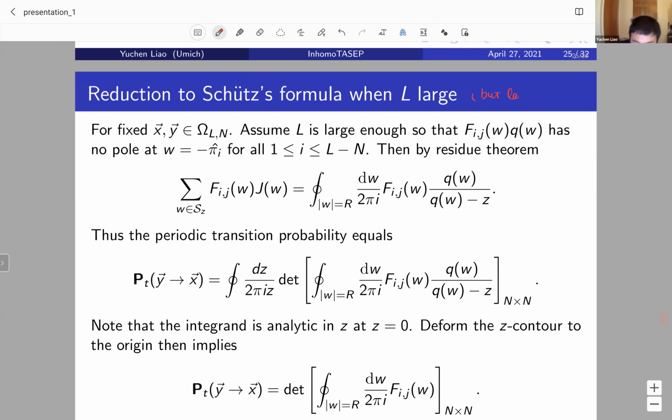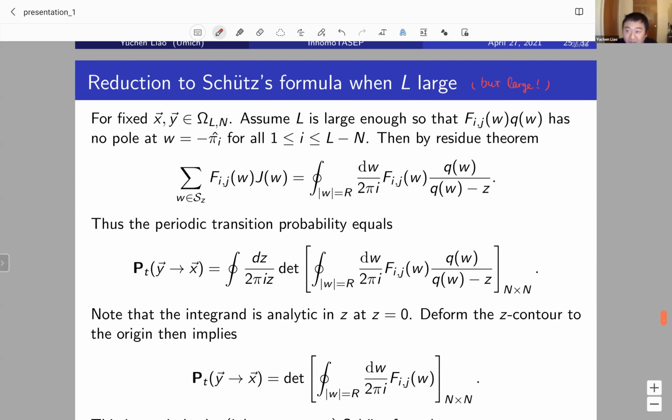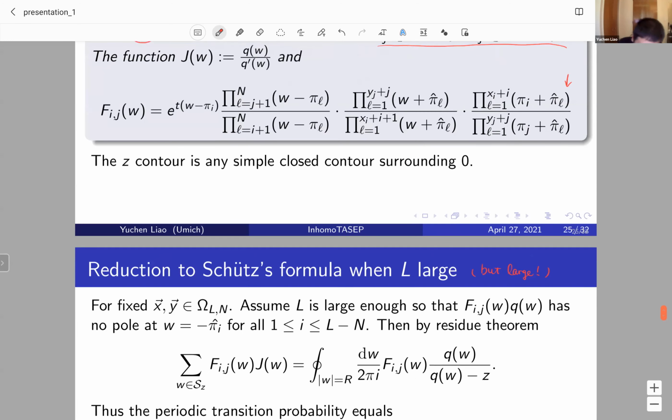I'm not sending L to infinity, so everything is due to the algebraic property. And how do I see that? What's happening is this really hinges on picking residues at those points where Q(W) equals Z.